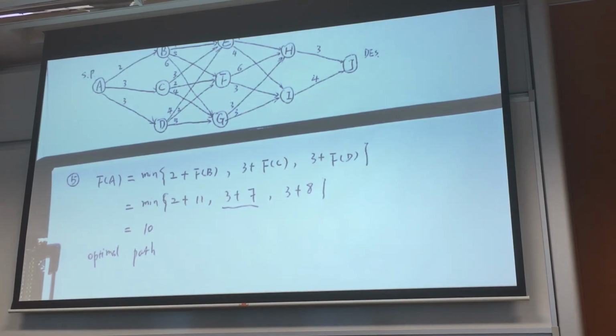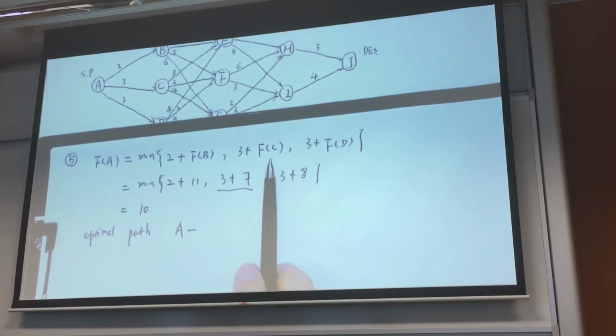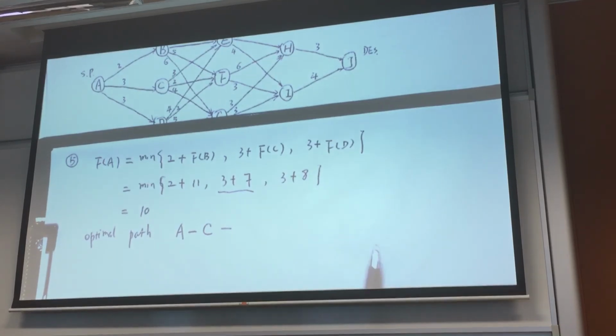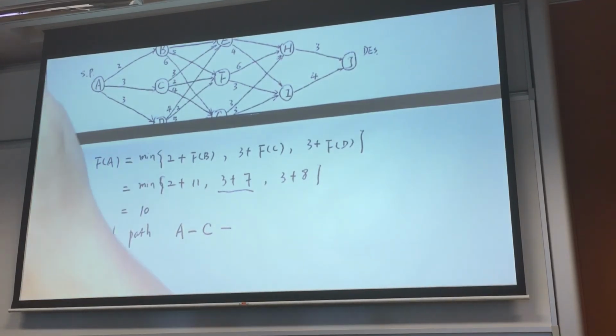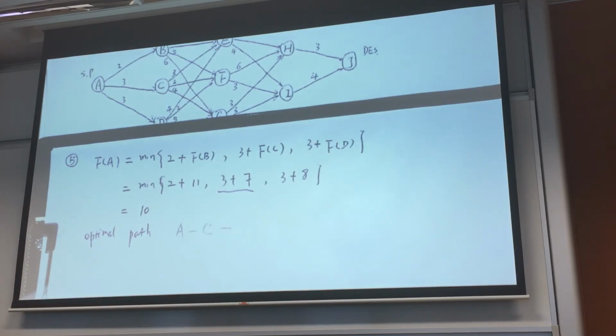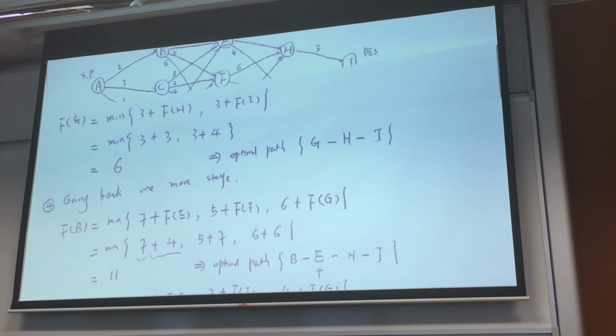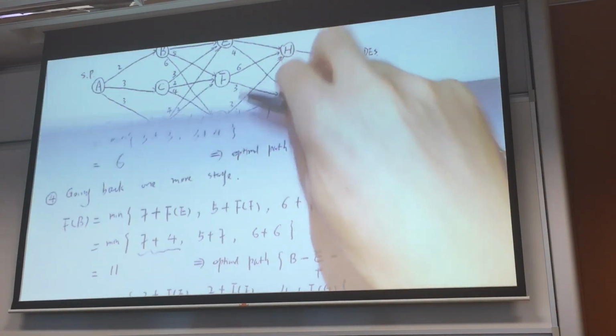The optimal path is given by from A next we go to C. Then from C, how to estimate that we don't know in this stage, but we can check the previous stage. But here we already know from C to D to H to J. So we already know the solution from the previous step.